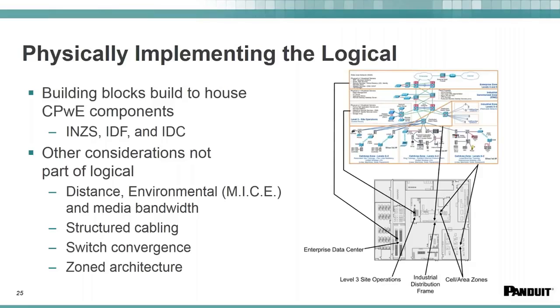And so we'll look at the levels of those environmentals for the MICE to help us determine the proper product selection, as well as the way that we'll actually do the design implementation. Of course, we'll be using a structured cabling approach, using switch convergence to help us deploy.